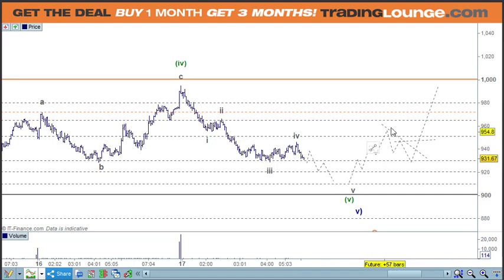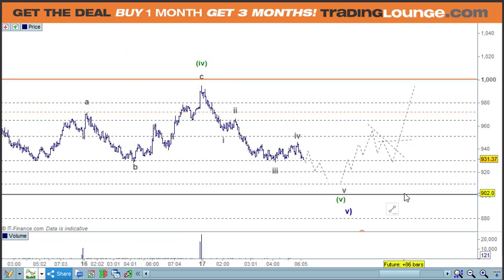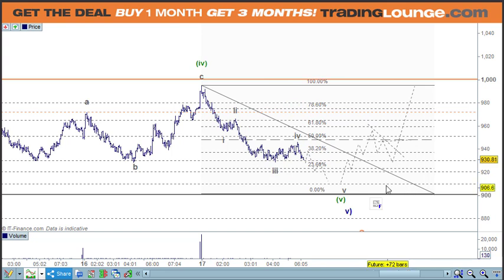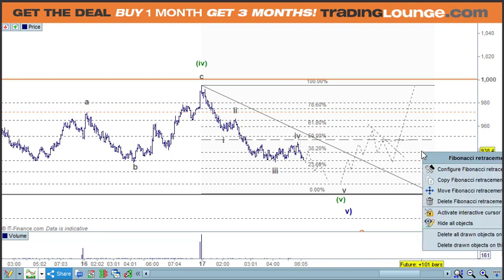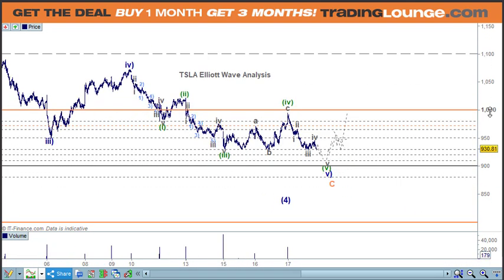If we don't get the 5 waves, well then we'll see what's going on here, because we may just get from this top to this bottom here, we may have something else going on. If I take this to the 900, it may not even get there. So we may come back up in 3 waves to the 50-60% here and then go down again. So there's a few things that we need to work out here before we rush off into things.